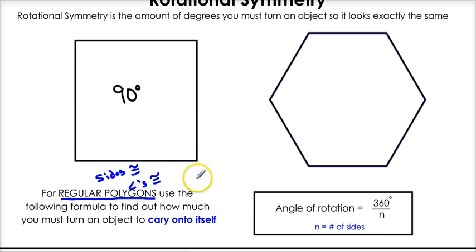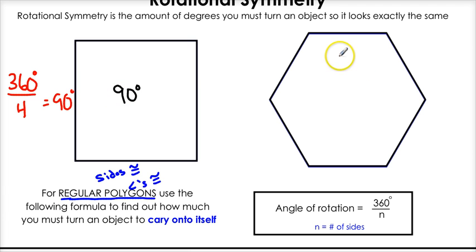This formula, though, works for all regular polygons, and all you have to do is take 360 degrees and divide it by n. And by n I mean the number of sides. Okay? So, for example, in this square, if I want to find out the rotational symmetry, you take 360, all right? You divide that by the amount of sides it has. It has 1, 2, 3, 4. And so the rotational symmetry equals 90 degrees.